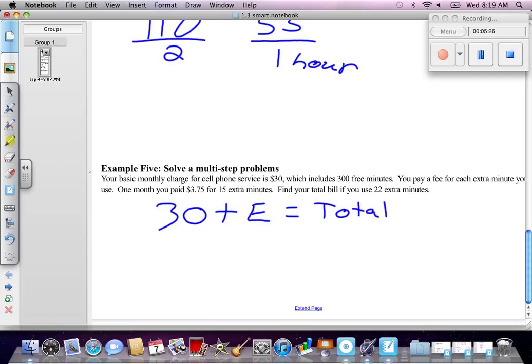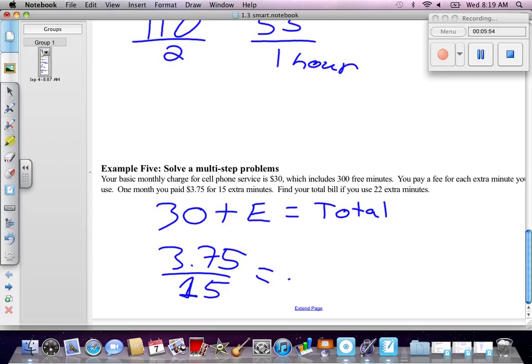So what we need to find is how much it costs per minute, right? If one month we paid $3.75 for 15 extra minutes, can we figure out how much it costs per minute? How would we do that? We take $3.75 and we divide it by 15. Who's got a calculator and can tell me the answer to that? 0.25.